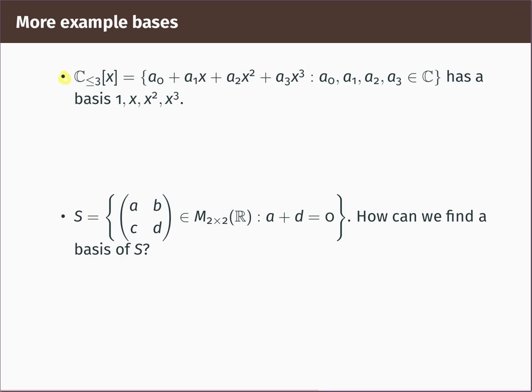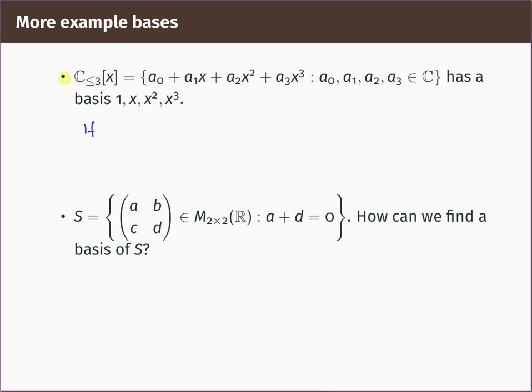The reason for that is it's clearly a spanning set, because you can see from the definition of this vector space that every element is a linear combination of 1, x, x squared and x cubed. On the other hand, for complex or real polynomials you can compare coefficients.